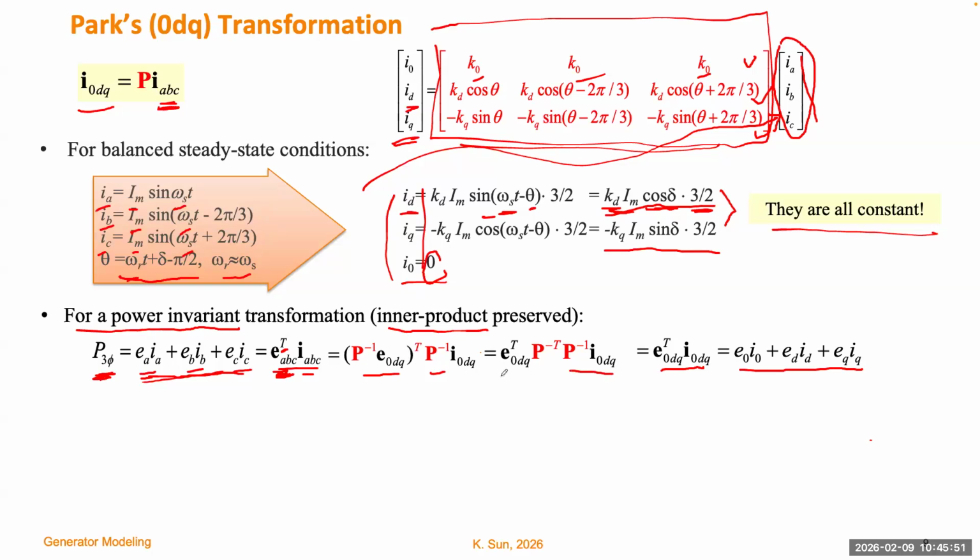This one is unchanged, and the left becomes the new voltage vector transposed multiplied by this one, which is the inverse of the transformation, then transposed. Okay, so now you see those two are exactly what the target is, and we just need to make this one an identity matrix.